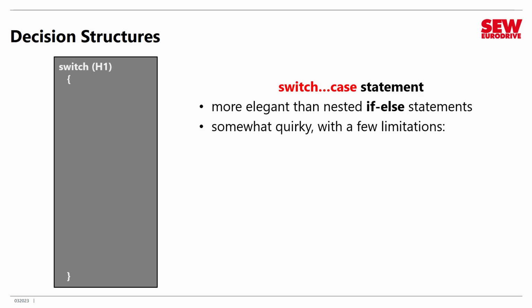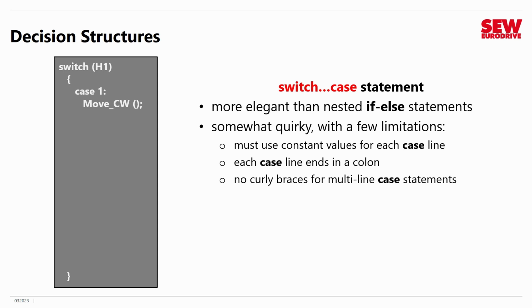Here it is. As you can see, it begins with the statement switch, and then the variable you're checking in parentheses, and finally a set of curly braces. These will contain all the remainder of the code. And then inside these, you'll have a series of case statements. You can see case here, and it's got the number after it.